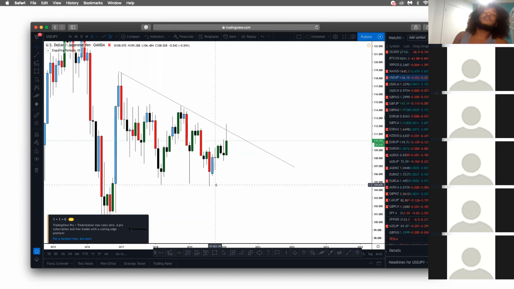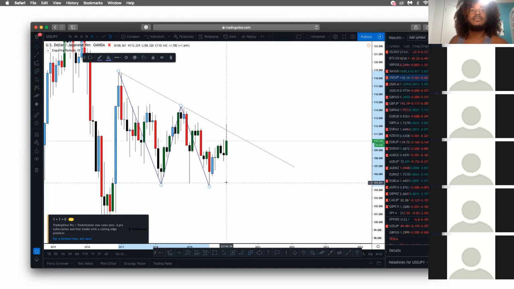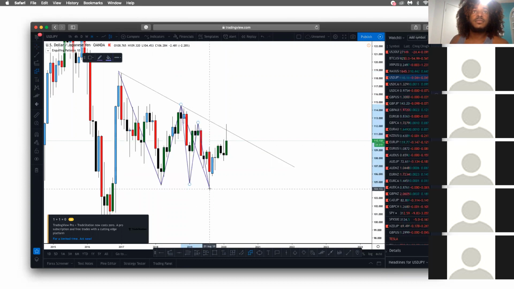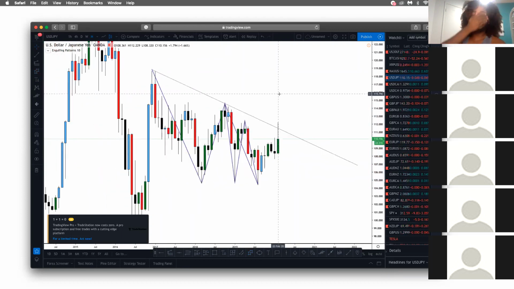Well, things get a little complicated here. So you have the monthly trend, right? And then you also have this trend here. There are higher time frames than the monthly, right?